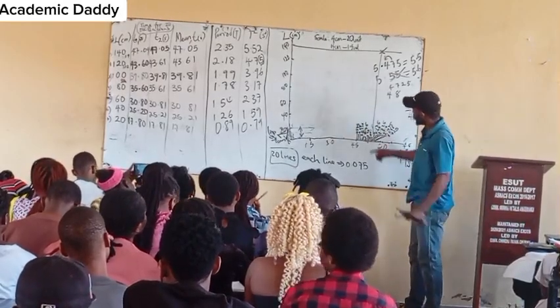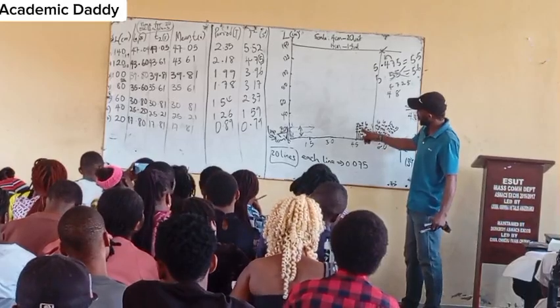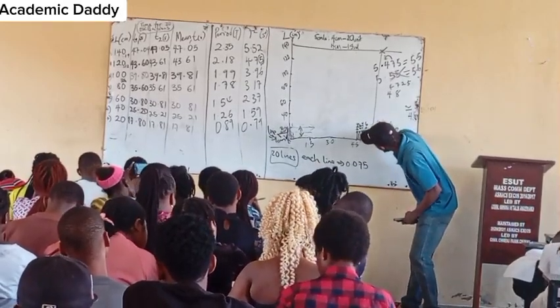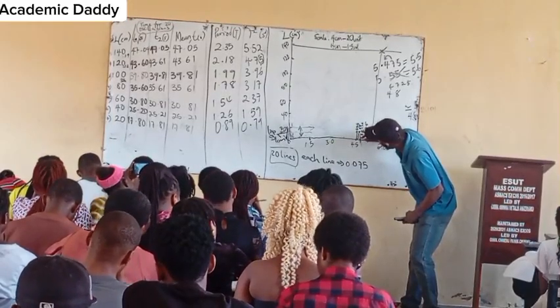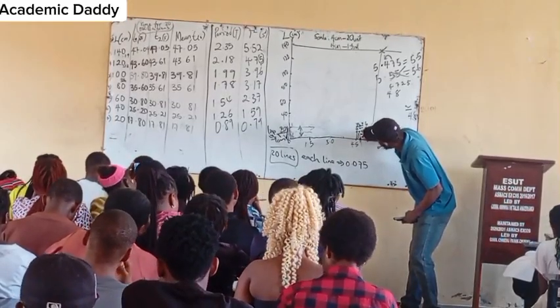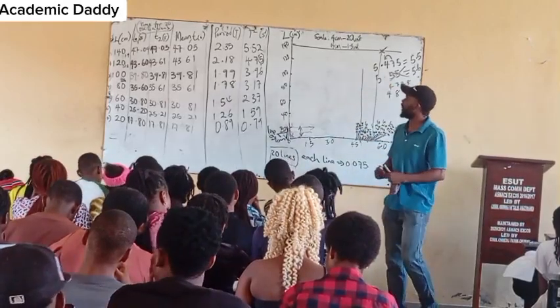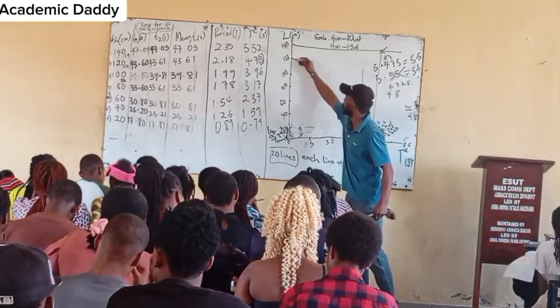Is it 4.7 or 4.725? Okay, this is it. This is it. That means this one is 4.725. So in between these two, then, and that is for what? 120.